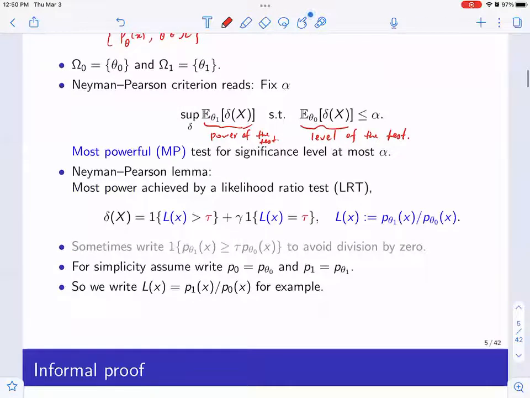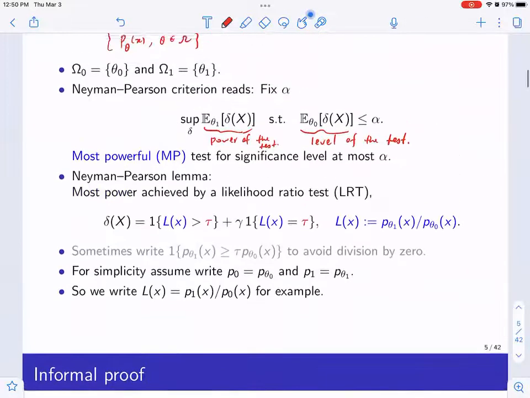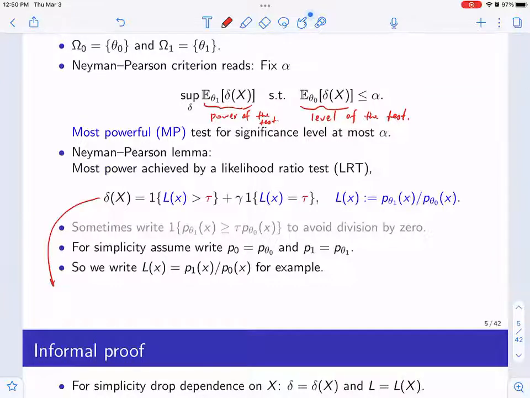You can simplify it like this: 1 if L of x is bigger than tau, gamma if L of x is equal to tau, and 0 if L of x is less than tau. So gamma is generally between 0 and 1.